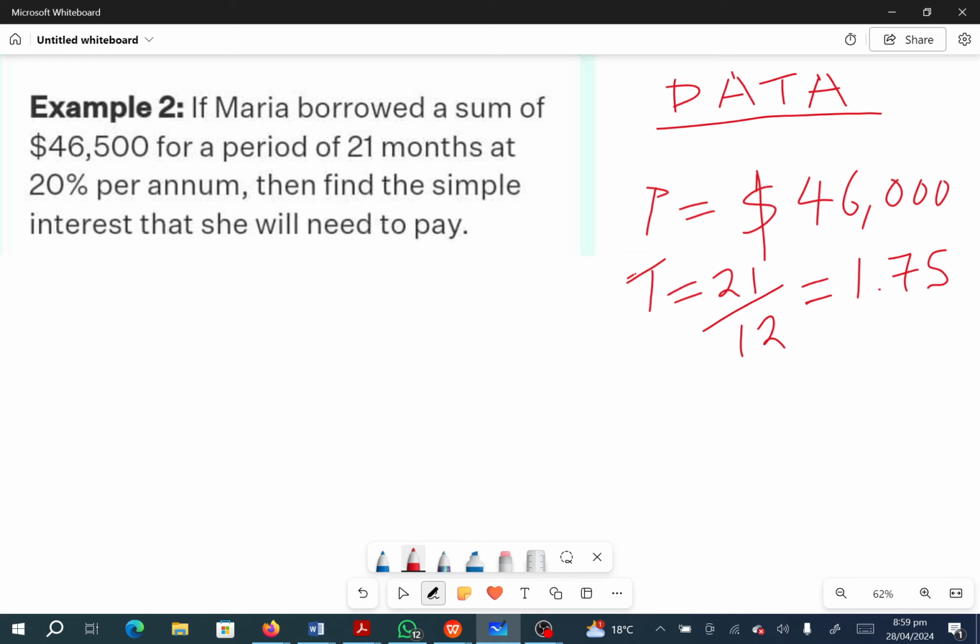Then we have been given our rate. So our rate is at 20%, 20 over 100, this becomes 0.2.